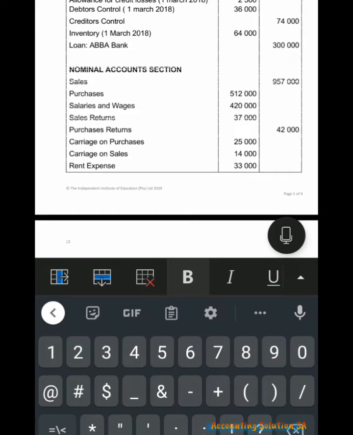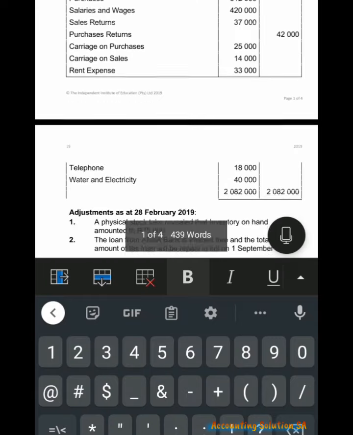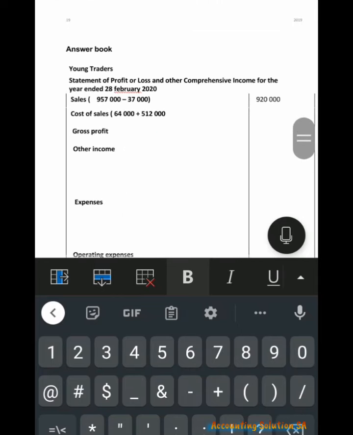Yes, we have a purchase return of 42,000, which we have to subtract because we returned this inventory to the suppliers. And we have carriage on purchase of 25,000. A return, we are going to subtract. Carriage on purchase is transport on purchases, which we have to add to purchases. So we say plus 25,000 minus 42,000.